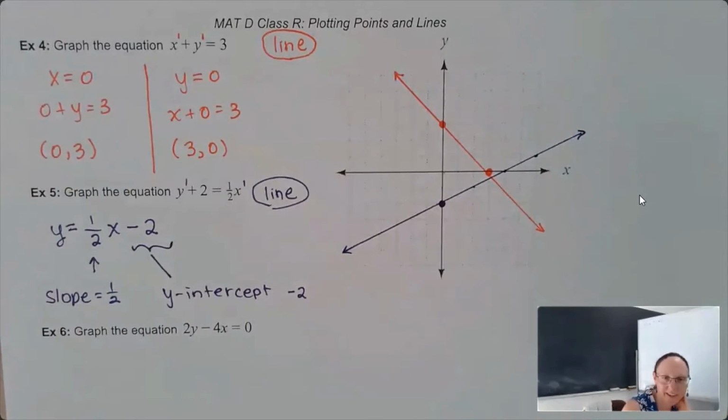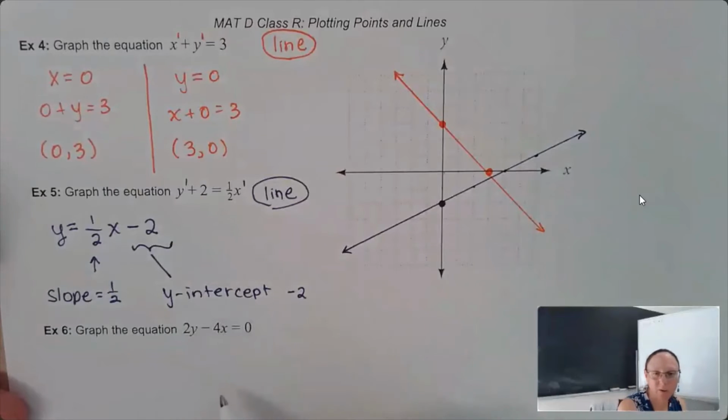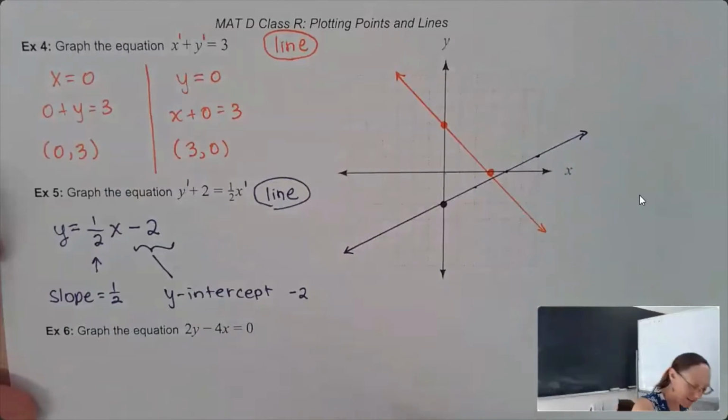And I think I can get a third graph on here without it getting too messy. So this last one, 2y minus 4x equals 0. Again, I've got an invisible exponent of 1 on the y, an invisible exponent of 1 on the x. So I know that it's a line.